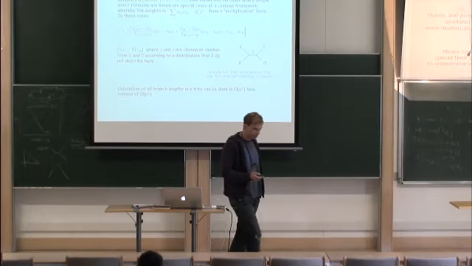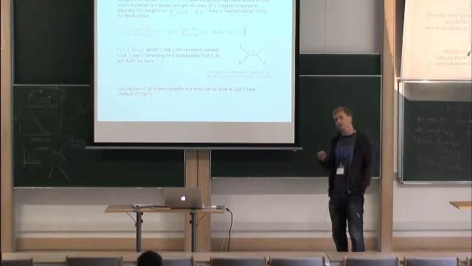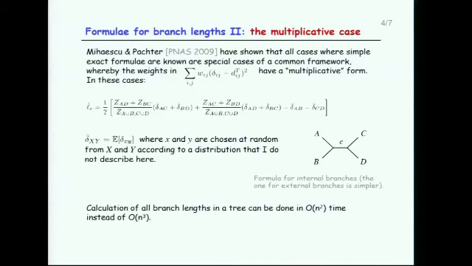And the great advantage of this formula compared to the standard procedure, which goes through matrix calculations, is that the optimal branch length can be obtained in quadratic time instead of cubic.